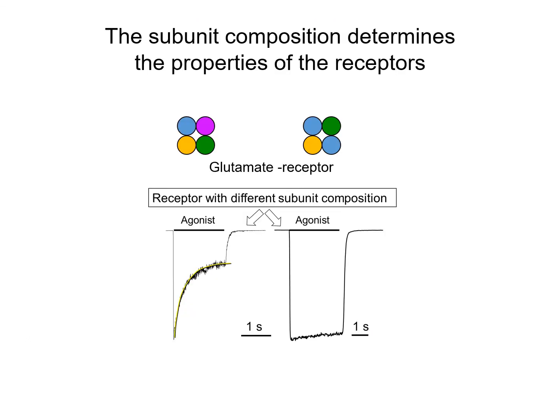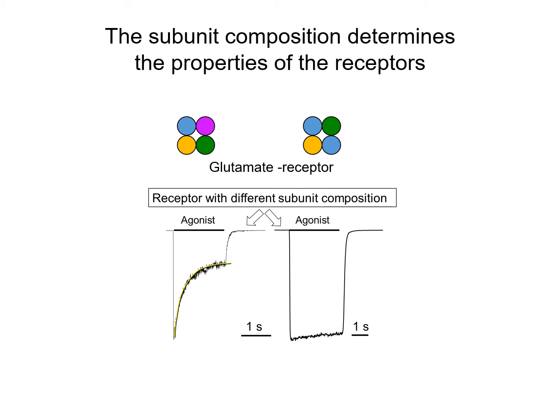In this example, I want to emphasize the diversity of the different receptors and their different subunit compositions, and how subunit composition determines the properties of the receptor. This is an example of 2 different glutamate receptors composed of different subunits that are represented as different colors. Below you can see the responses of the 2 different glutamate receptors when they are exposed to the same agonist.